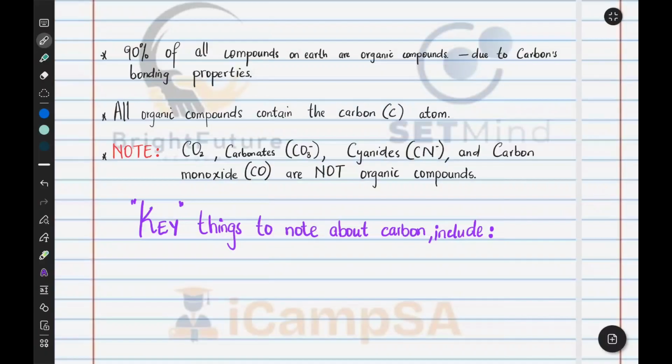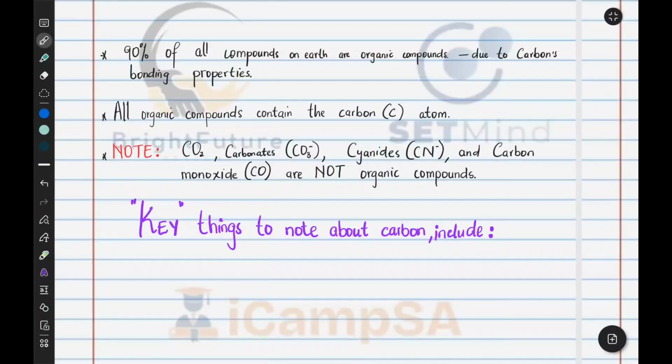Carbon atoms can also covalently bond to other atoms besides hydrogen, even though mostly we will see it bonding to hydrogen. All those other atoms we usually call heteroatoms. These will likely include nitrogen, sulfur, oxygen, and also some halogens. The most commonly seen in grade 12 would be chlorine, bromine, iodine, and fluorine.